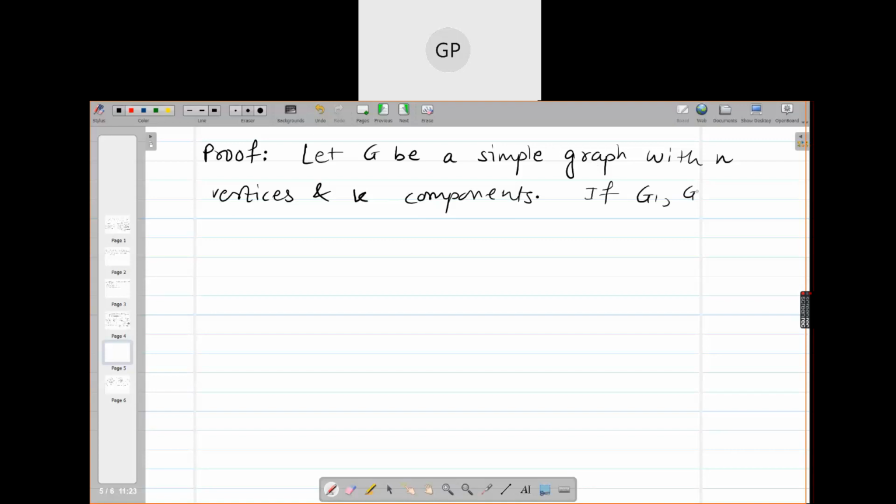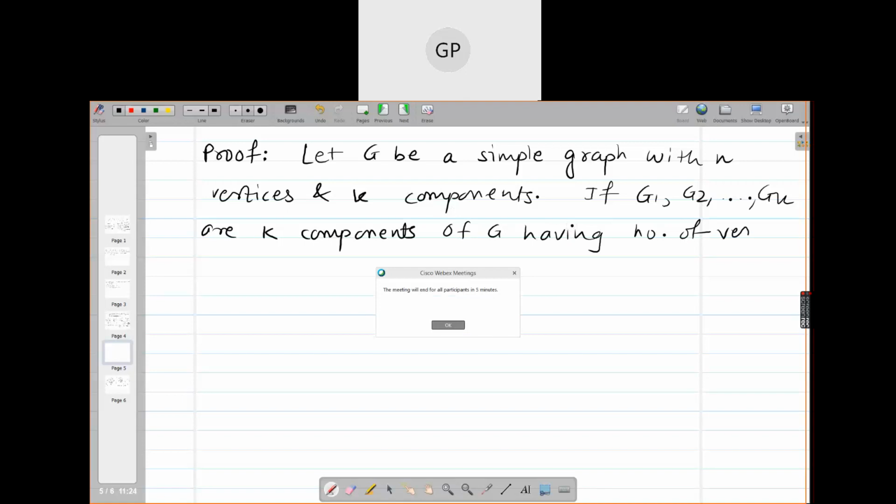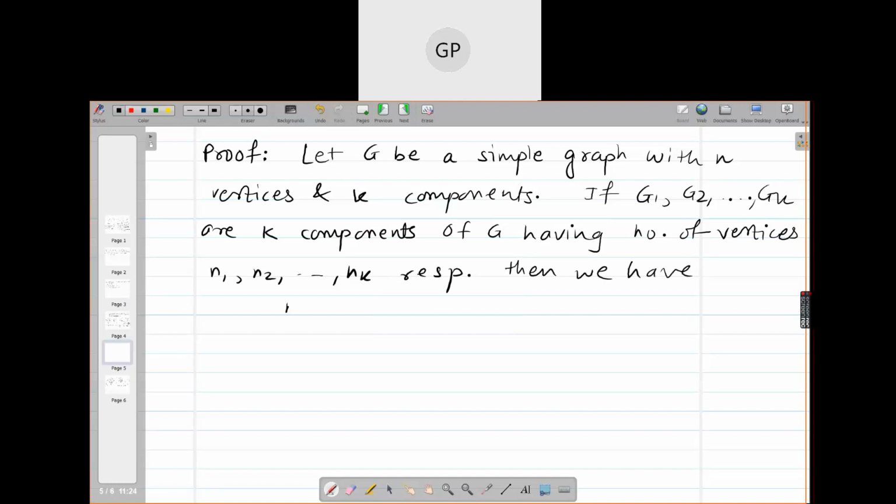If G1, G2, up to Gk are the k components of G having number of vertices n1, n2 up to nk respectively, then we have n1 plus n2 plus up to nk is equal to n.